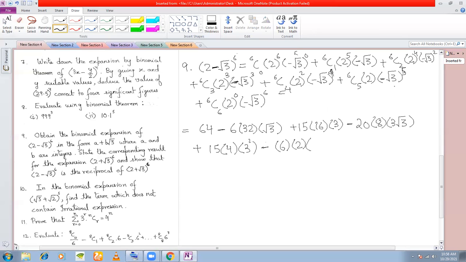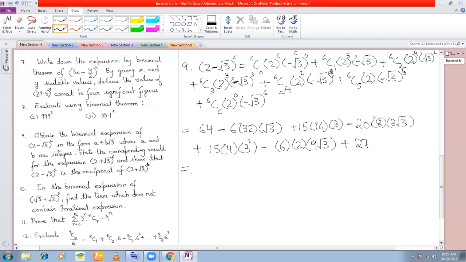So anyway, this is 6 into 2 into root 3 to the power of 5 will give you 9 root 3, not 3 root 3. 9 root 3. Okay. And plus 6c6 is 1. 2 to the power of 0 is 1. Minus root 3 to the power of 6 will give you 3 into 3 into 3, which is 3 cube, 27.